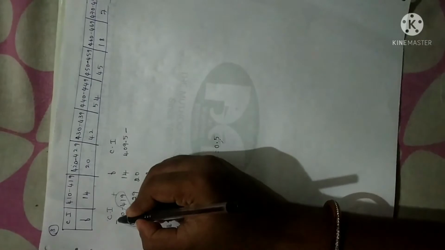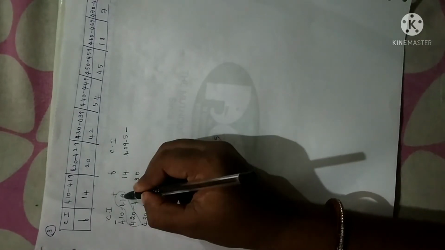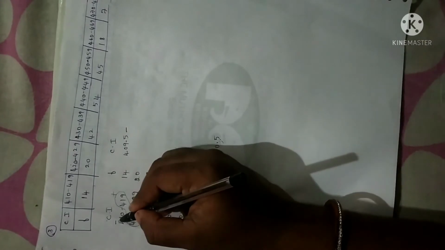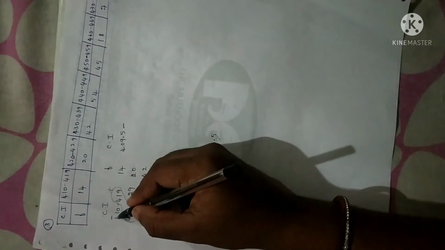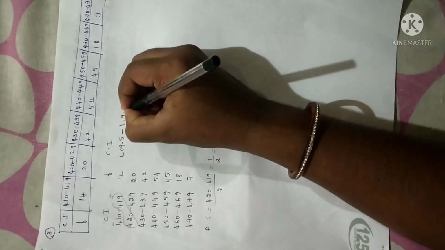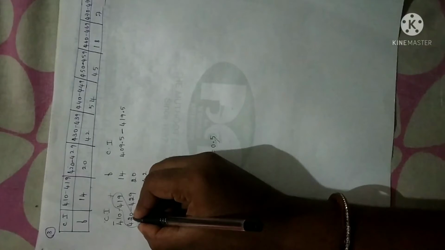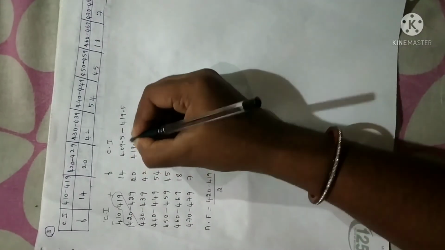So I'm adding for the upper limit and subtracting from the lower limit. In the sense, for the first column value you have to subtract, for the second column value you have to add. So 419 plus 0.5 is 419.5. Again, 420 minus 0.5 is 419.5.